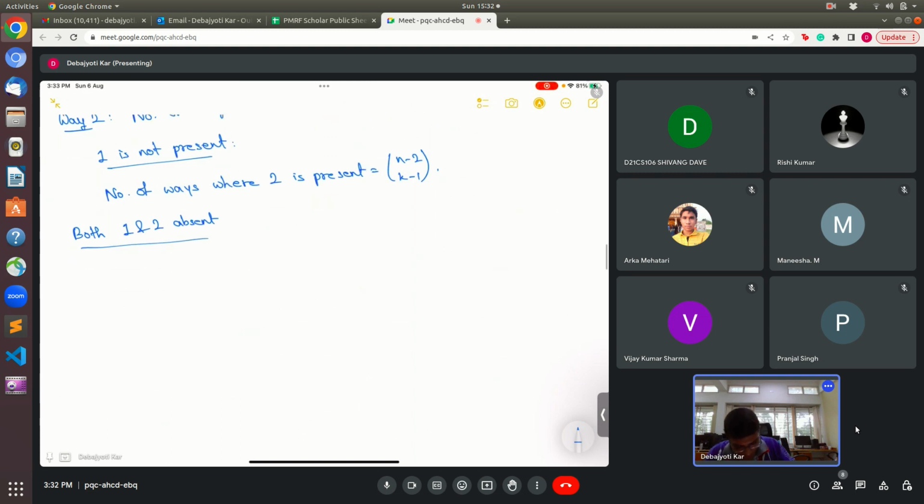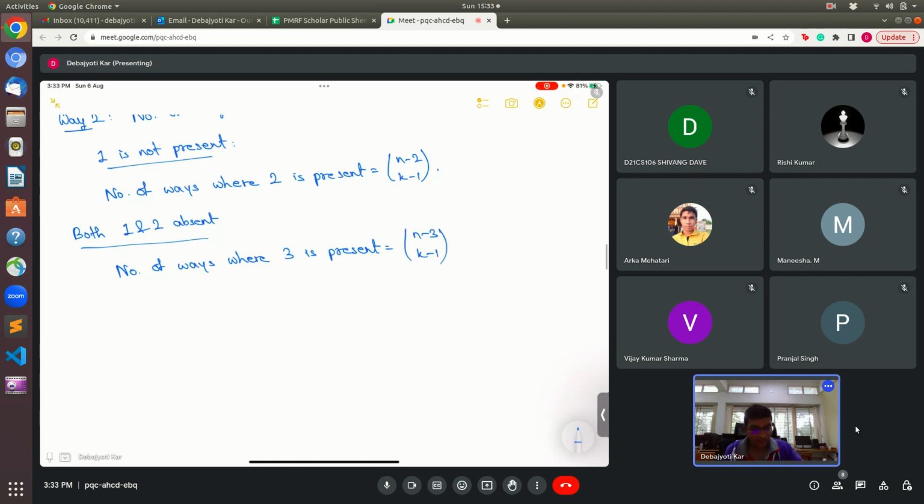So now you are left with n minus 3 numbers, that is 4, 5, 6 up to n, because you are not picking 1 and 2, you have already picked 3. So among 4, 5, 6 up to n, there are n minus 3 numbers and out of them you are picking k minus 1.